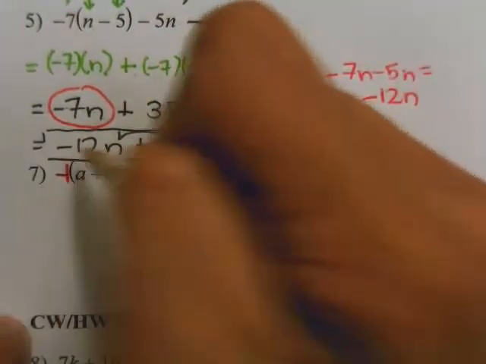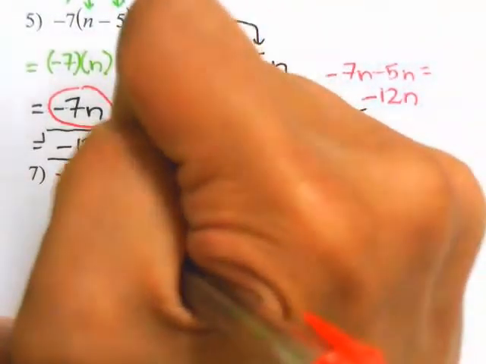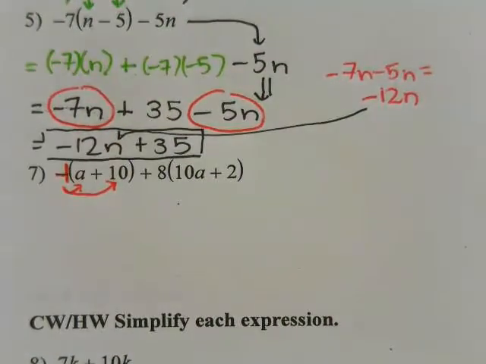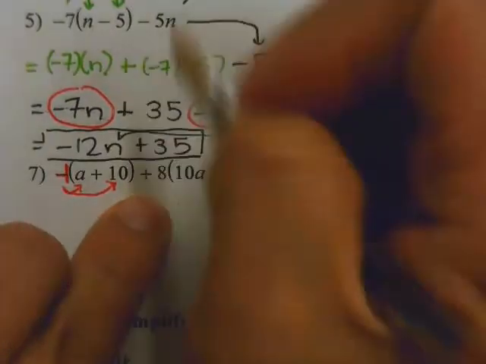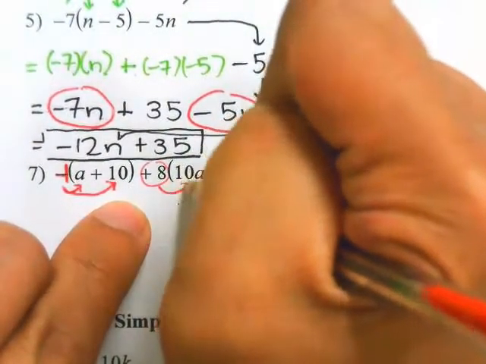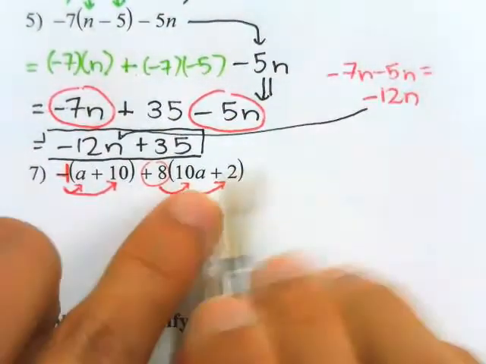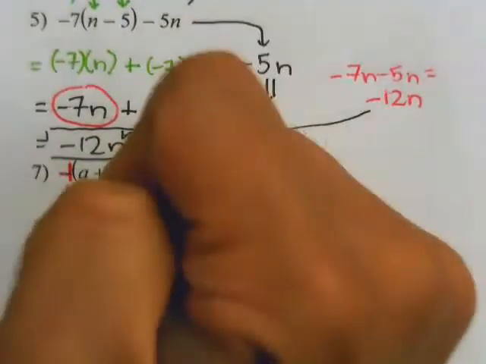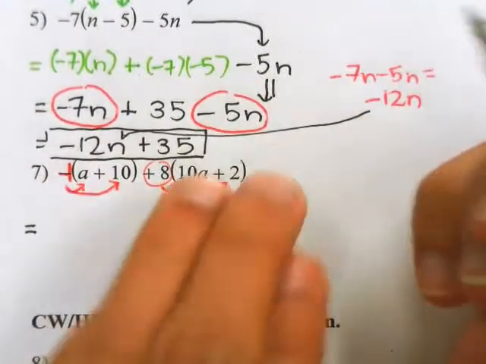I don't have room to do the up arrows, so I'm just going to do the down arrows, which some of you do actually, and that's fine. Okay. And then it's a positive 8. So I'm going to distribute positive 8, multiply it to these two over here. I'm going to write it out fully. Let's start with this one first.